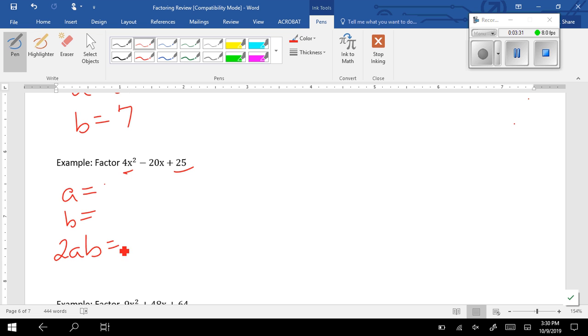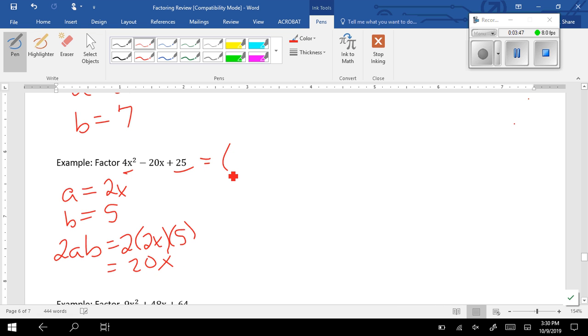So I find a by taking the square root, 2x. I find b by taking the square root of the last term, 5. And then 2 times a times b is in fact 20x. So it does fit the pattern.